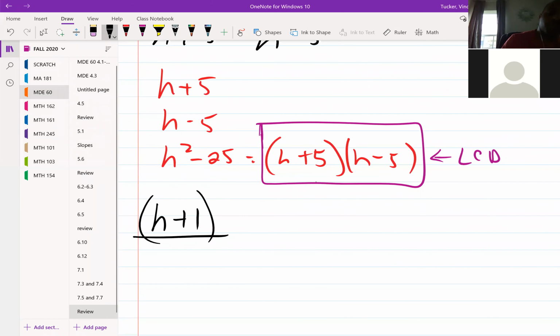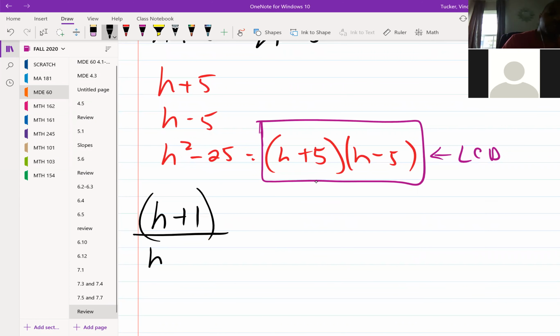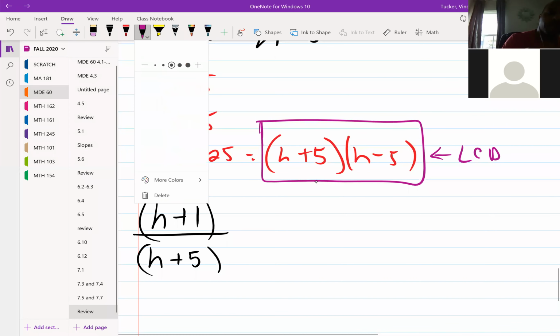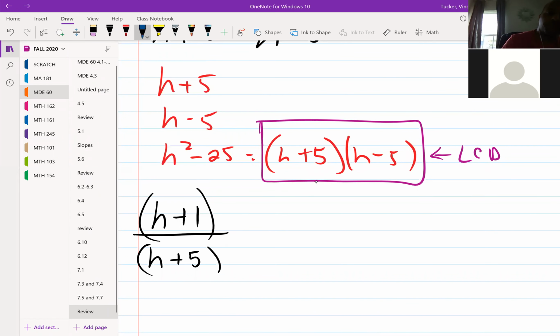So in that first one, we have h plus 1 over h plus 5. What is missing from that one? We have h plus 5, so we need h minus 5. So we multiply top and bottom by h minus 5.